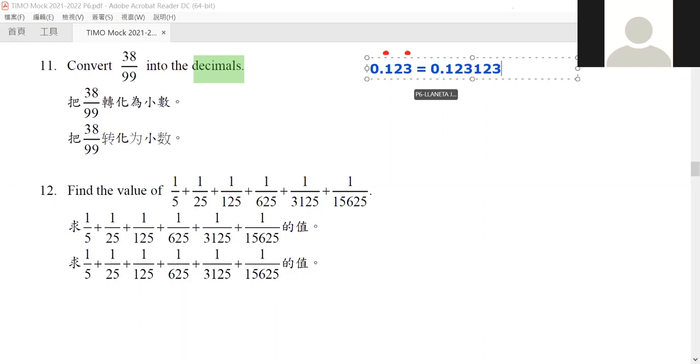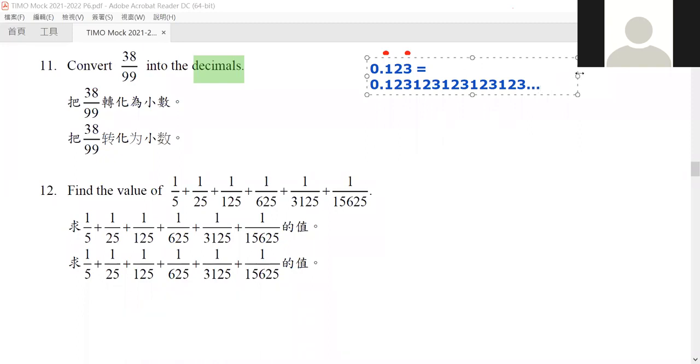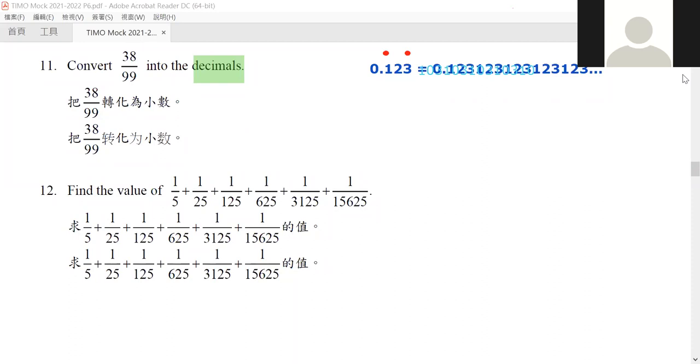You just keep repeating the digits between the two dots, keep on repeating the pattern here. So this is called a recurring decimal, or sometimes an infinite decimal.